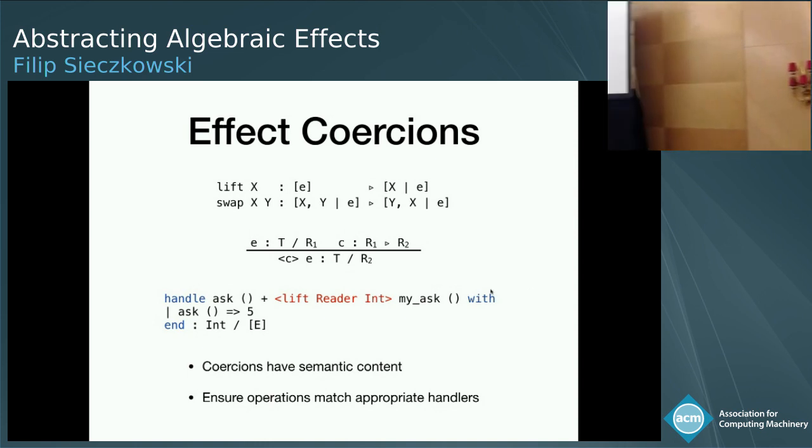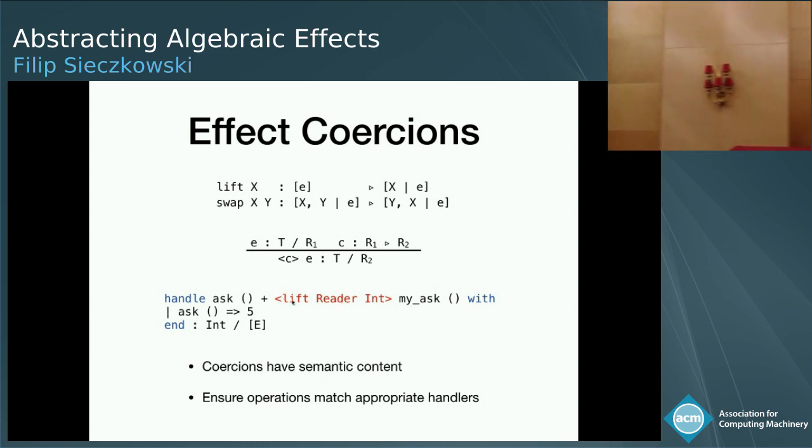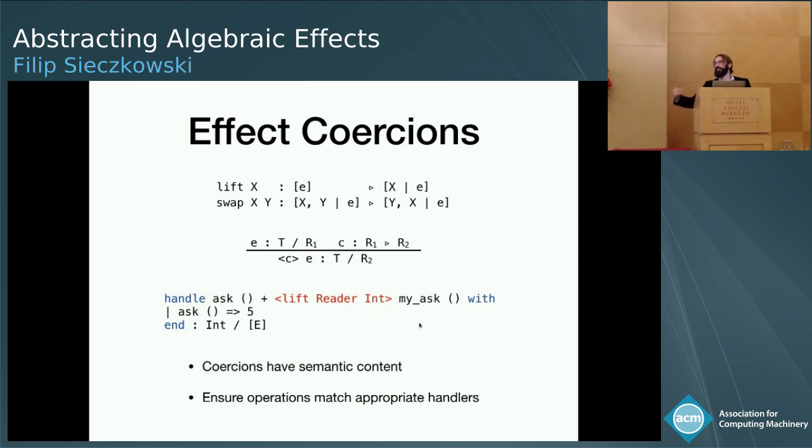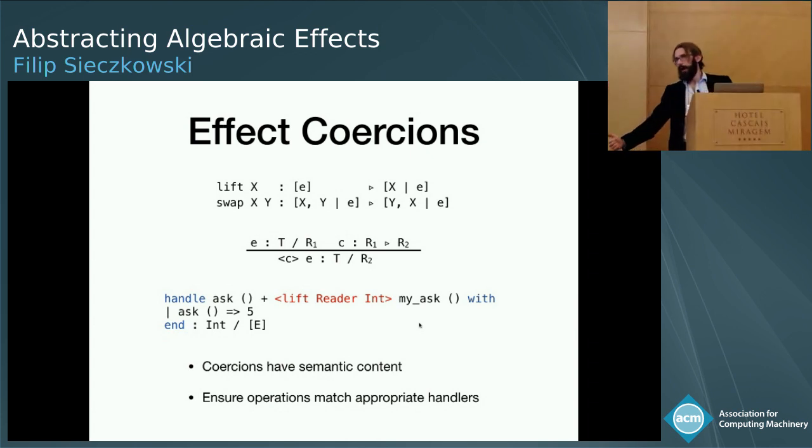Like in this case, where my ask is wrapped in a lift of reader int, simply so that it could survive past the first handler, in the instance that it's instantiated to ask. And of course, if it uses other effects rather than reader, then it will still pass through ask without problems because it's just a different effect.